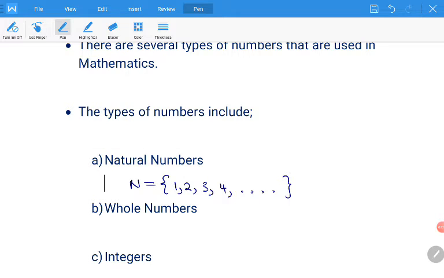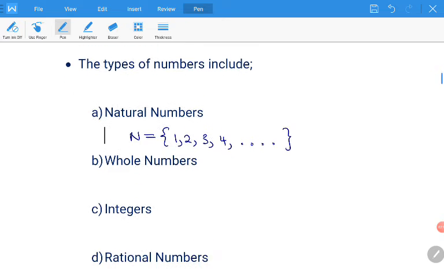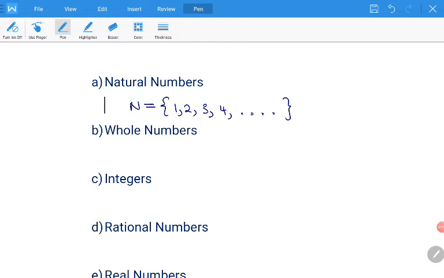Then the second type of numbers that we want to look at is whole numbers. The only difference between natural numbers and whole numbers is the fact that whole numbers start at 0.